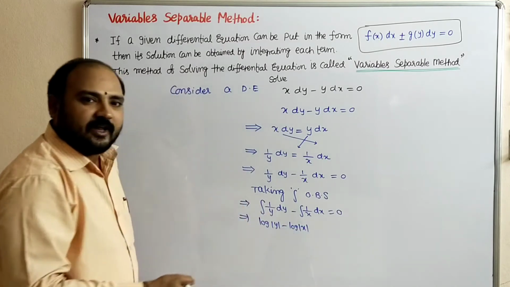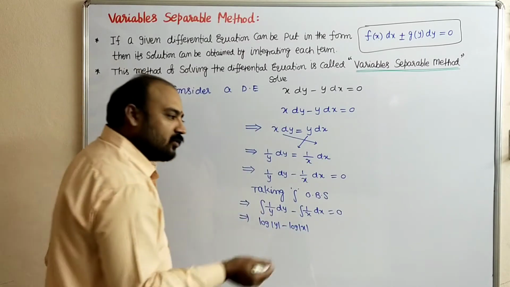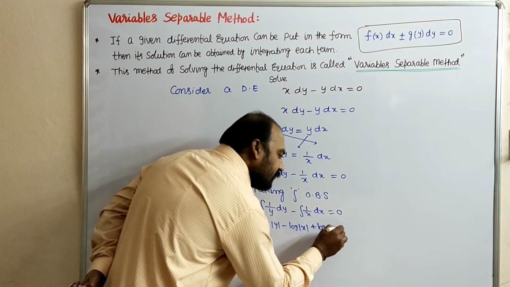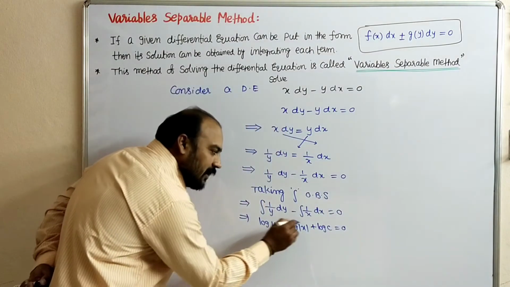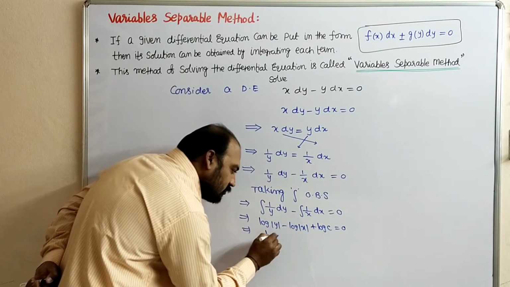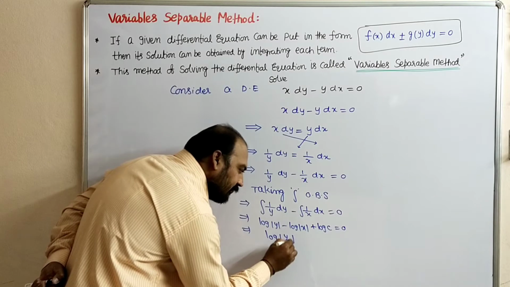After completing the integration, we have to put the integration constant, which I am taking as log c. Log A minus log B is log A by B. So log y by x.